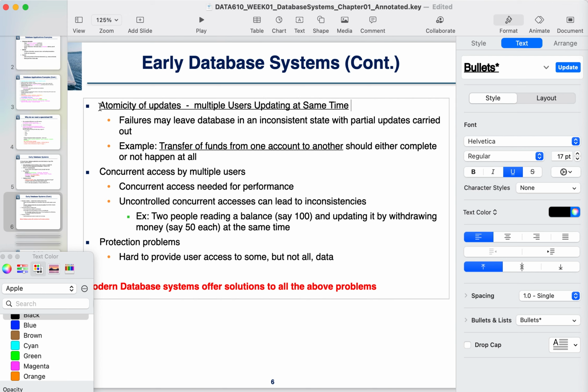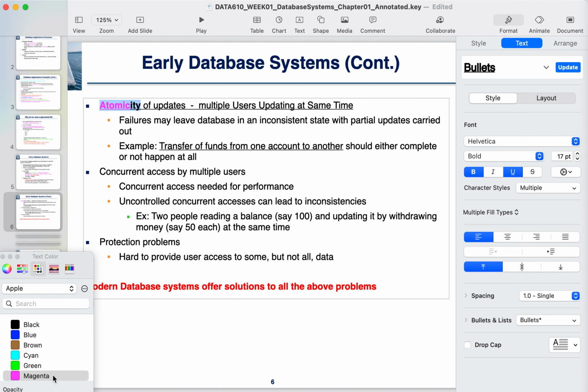What this means is, until one transaction or action is completed, the record can be locked, and only after it is completed can the next update be applied to it, and it is either completed fully or it is abandoned. So it's either fully done or it never happens at all.